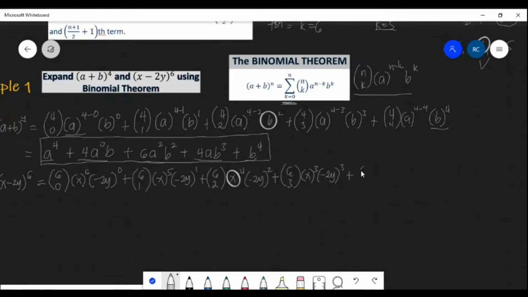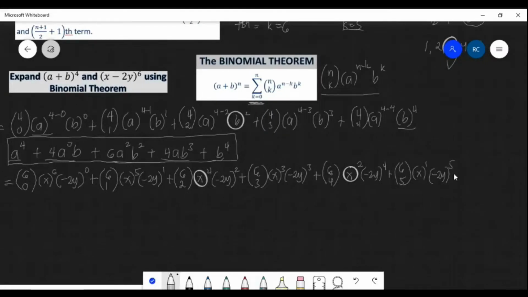Next, 6 combined 4. This is x raised to 2, times negative 2y raised to 4, plus 6 combined 5 and x raised to 1 and then times negative 2y raised to 5, and lastly 6 combined 6 times x raised to 0.